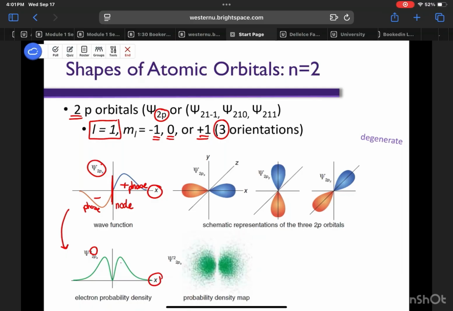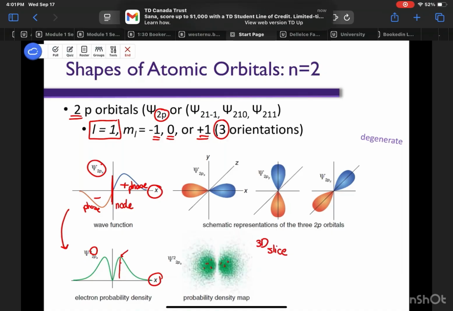We can see most often we're going to find it about this far from the nucleus, less likely closer to the nucleus, less likely further away, most likely somewhere on either side of the nucleus. And we could take a 3D cross section, so like a little slice, and see if we took that long exposure camera, the electron is often somewhere there, and we kind of have this dumbbell type shape.